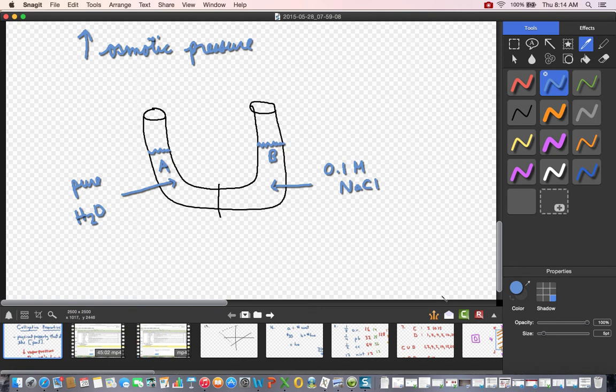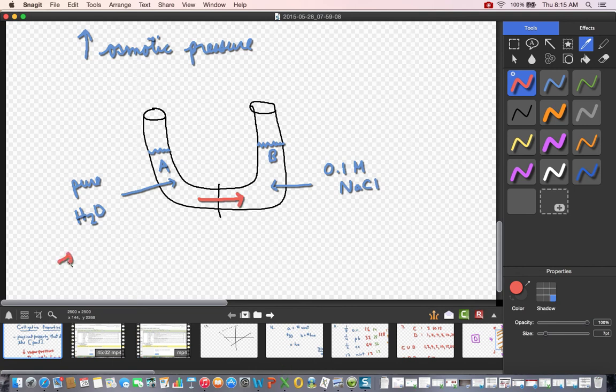We know that given a difference in concentration of solute or in solvent, osmosis occurs by the movement of solvent from where the solvent is more concentrated to where the solvent is less concentrated. So there's two ways we can think about this.